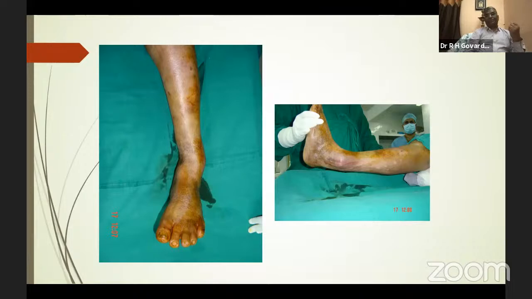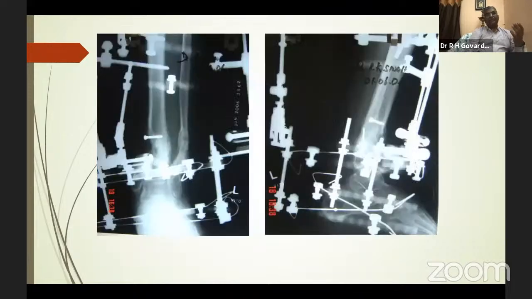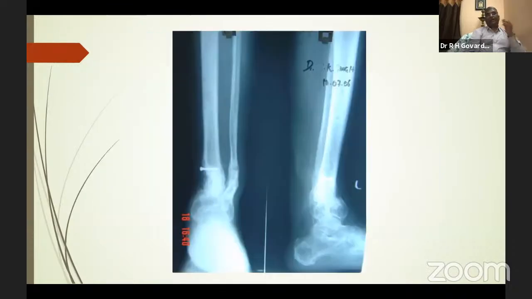When he came up, we saw that there is a deformity, and the X-ray showed that the ends are still having sclerosis on both sides. So a simple correction of the deformity with stabilization of the foot caused a good bone formation and healing of the fracture.